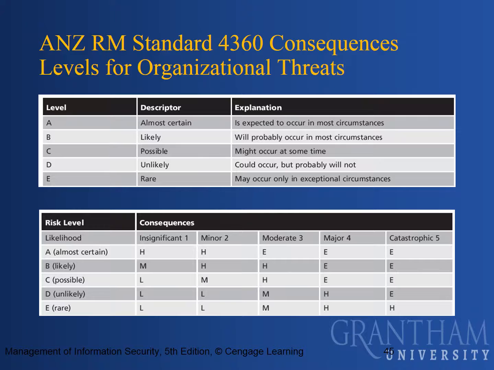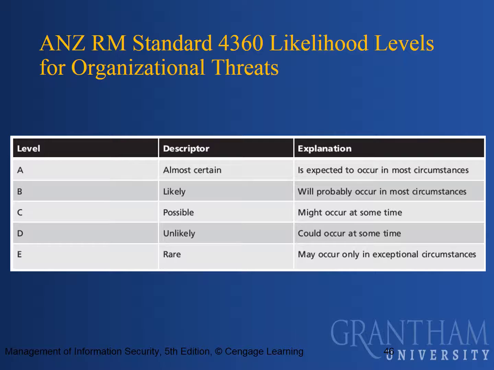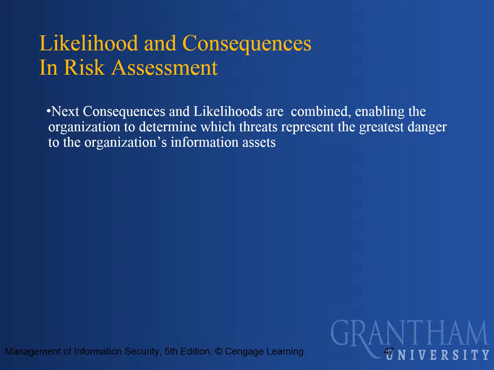Note that here it's level, descriptor, and explanation, as well as risk level and consequences. Here are the likelihood levels for organizational threats. Again, your level, descriptor, and explanation. The resulting rankings can then be inserted into the TVA tables for use in risk assessment.